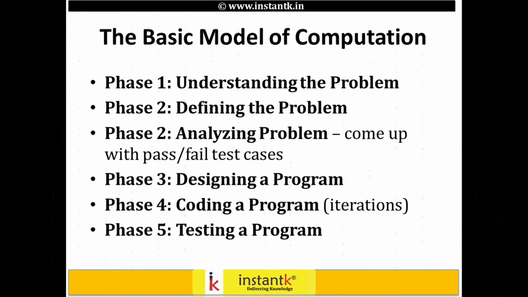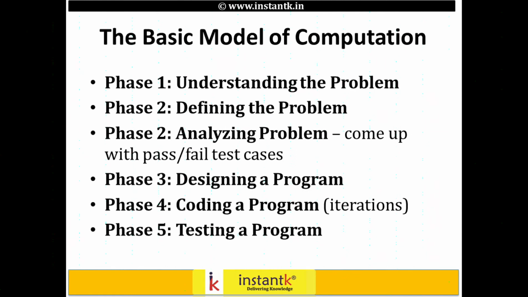So what are the different phases of writing a C program? Phase 1 is understanding the problem. First and foremost is clearly understanding the problem and then defining it. Defining a problem also includes coming up with pass-fail test cases.